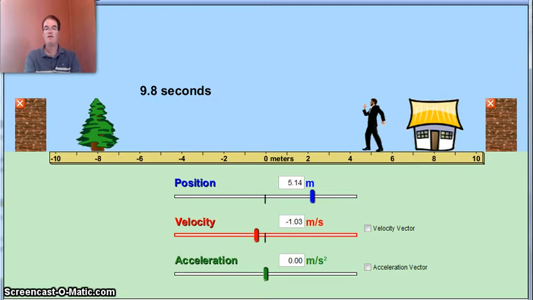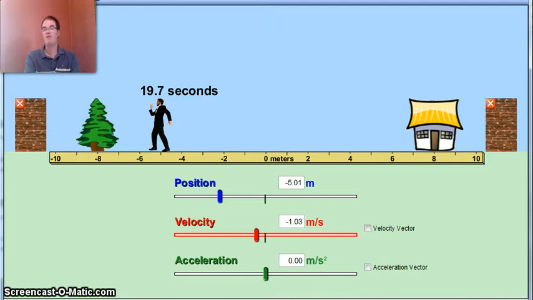If I set the man in the other direction, we can see that he can travel at 1 meter per second in the other direction. Alright, so he went about 10 meters again.